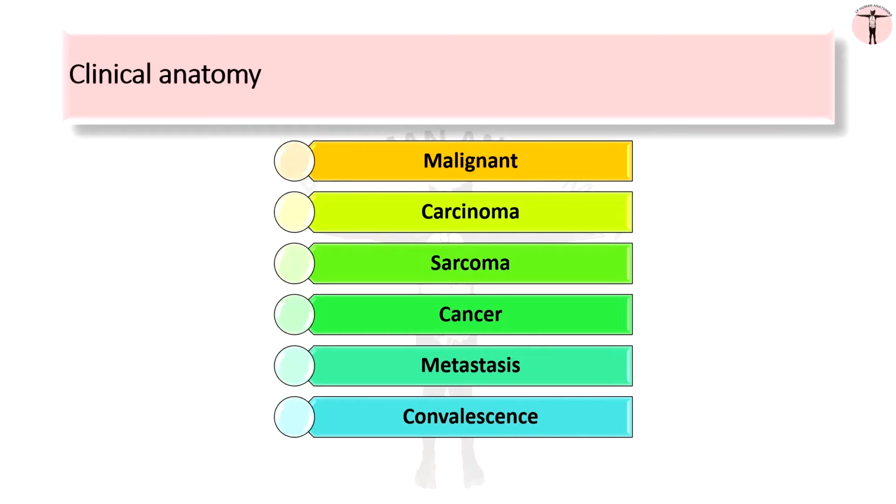Convalescence is the recovery period between the end of a disease and restoration to complete health. Therapy is the process of treatment of any particular disease. So those are some of the general clinical terminologies we have discussed until now.